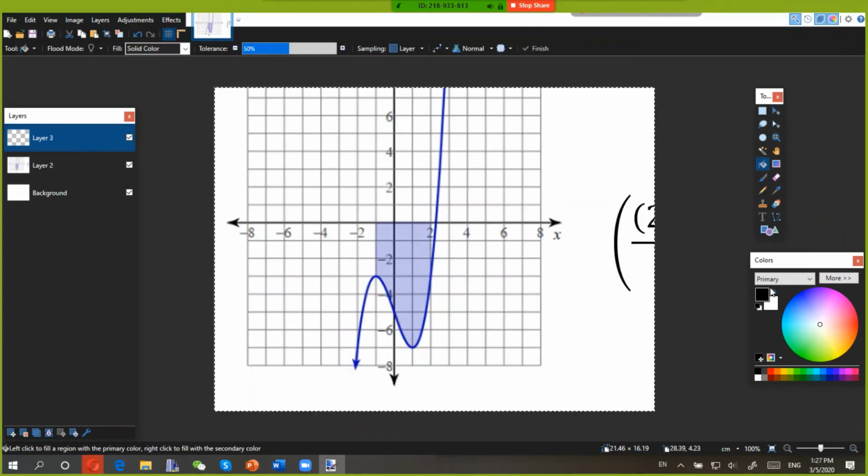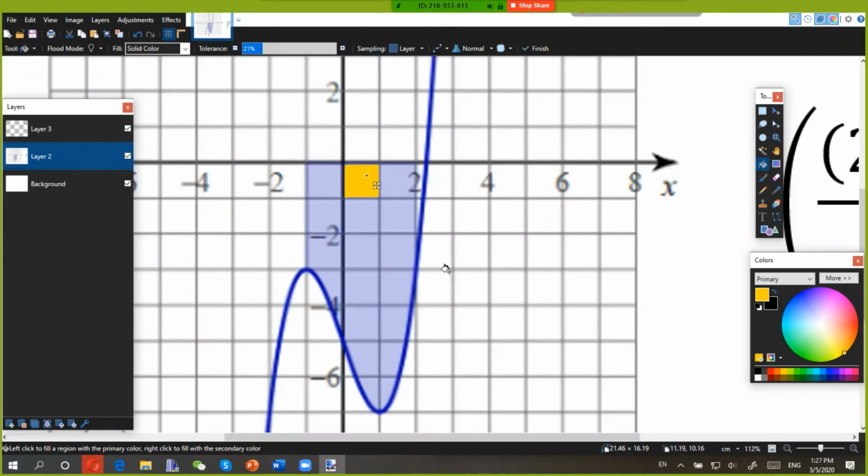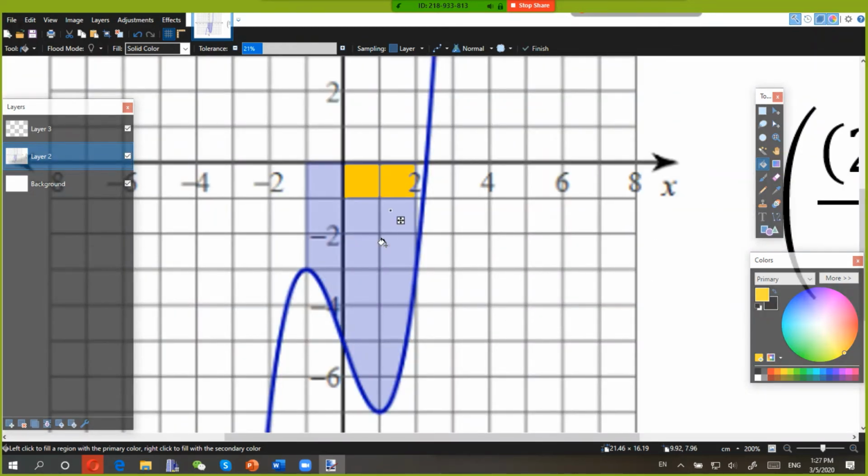So I'm just going to color some of these squares in, maybe. So here I've got... Okay, 1, 2, 3, 4, 5, 6, 7, 8, 9 total squares. Okay, 10, 11 are full squares. Okay, I'm going to say this square and this square is roughly 12.